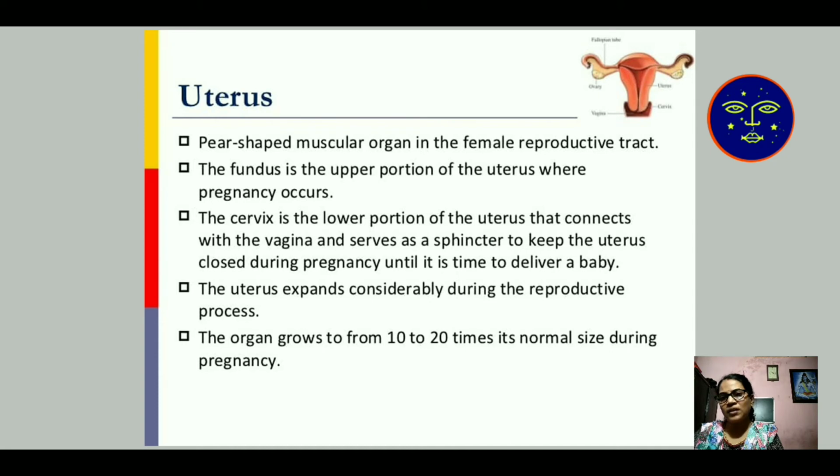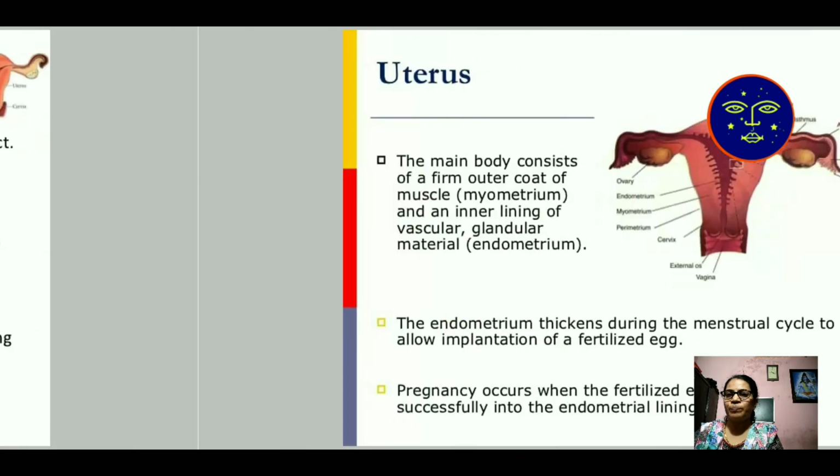The cervix is the lower portion of the uterus that connects with the vagina and serves as a sphincter to keep the uterus closed during pregnancy until it is time to deliver a baby. The uterus expands considerably during the reproductive process. The organ grows to 10 to 20 times its normal size during pregnancy.